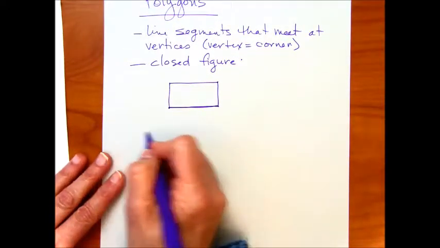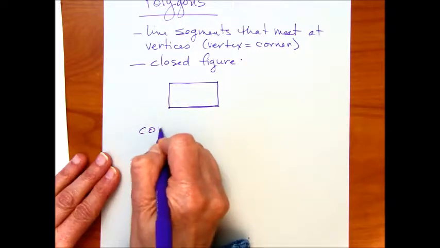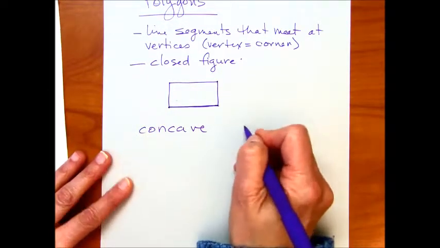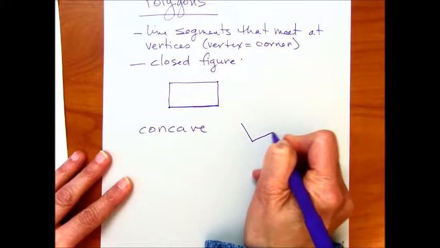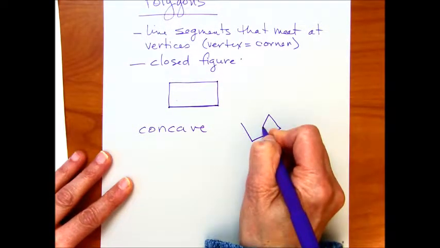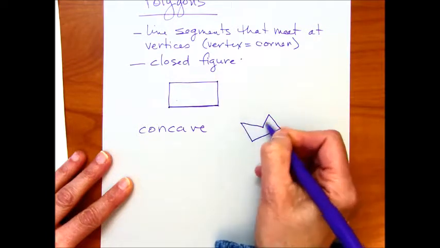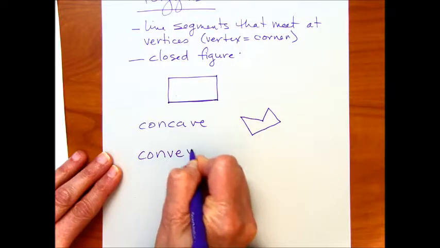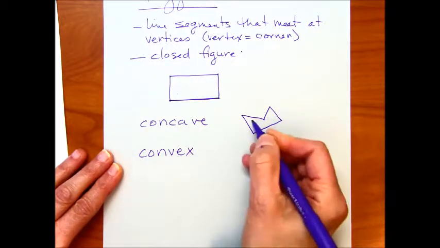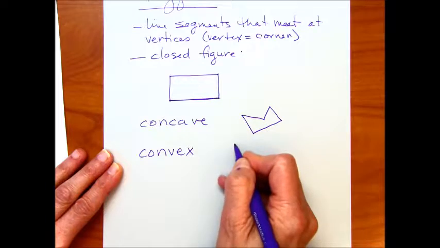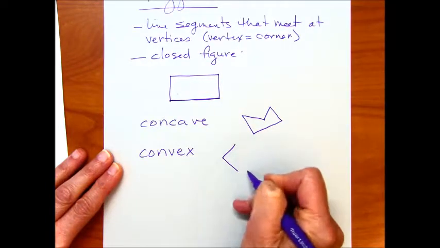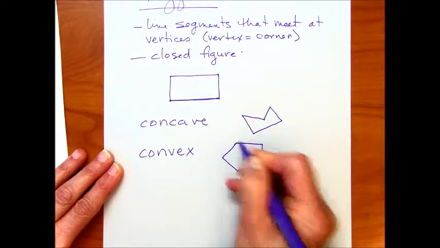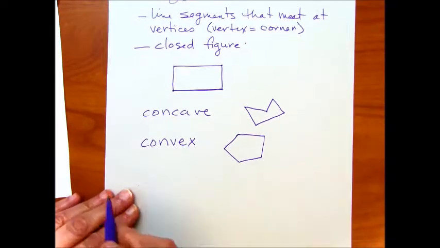And like I said earlier, you can have concave polygons, which is a figure that kind of goes in on itself, like that. It goes inward, or a convex polygon. And so there's none of this going inward business. It's just all of them are kind of going out. And they're all closed, and they're all made up of line segments.